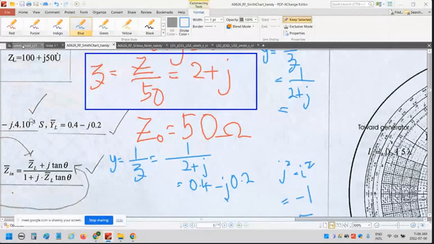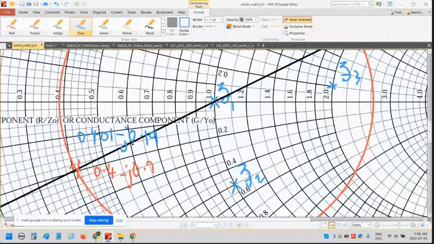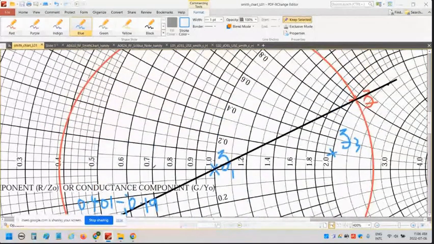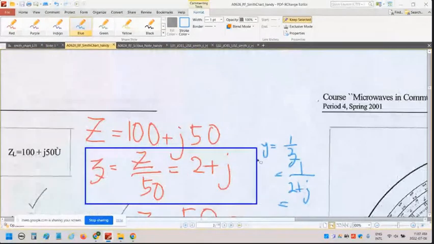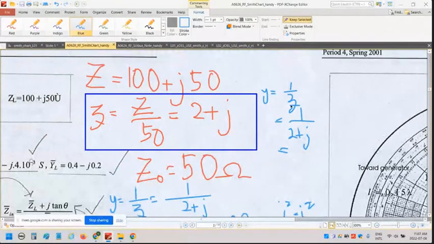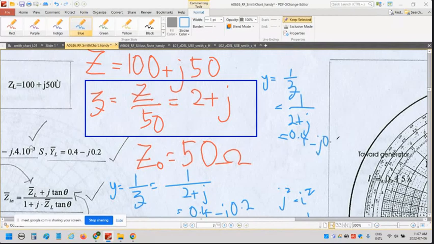About this Smith chart, you are using it based on the graph. Based on the graph, you might otherwise have a very complex calculation, but this one is very simple. When you normalize, you should get 0.4 minus 0.2.